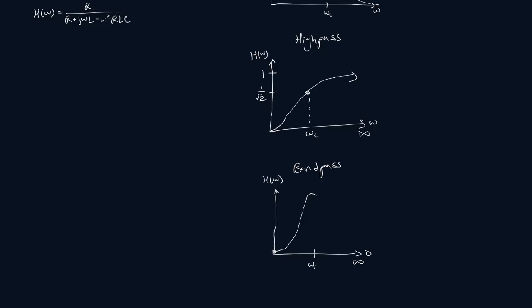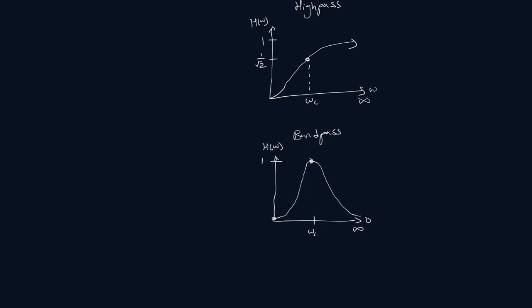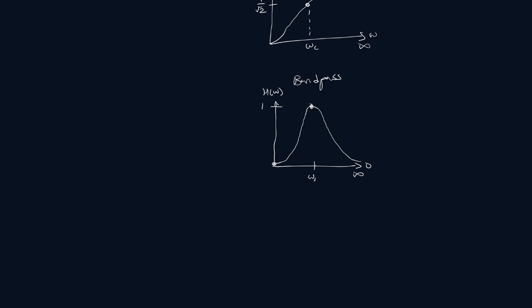And then after that, the transfer function starts decreasing again, until it goes back to 0. And the cutoff frequencies are where the transfer function is at 1/√2 of the peak. And then for band stop, when omega is 0, our transfer function is at 1, then it slowly decreases, and then it starts increasing again.